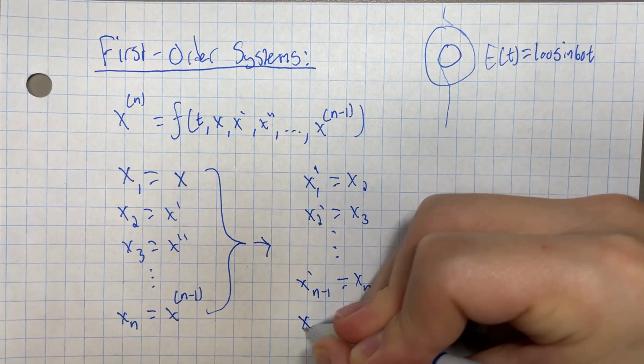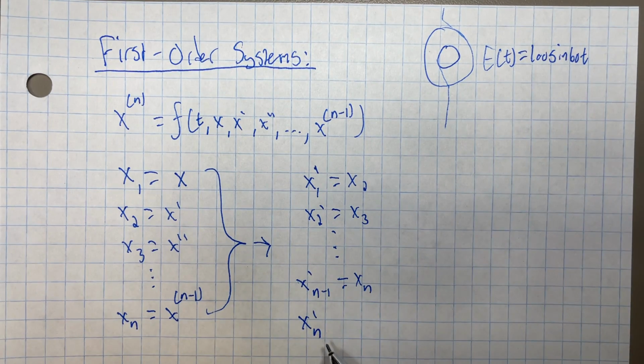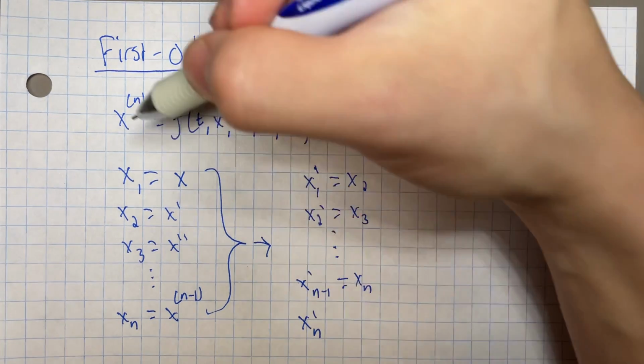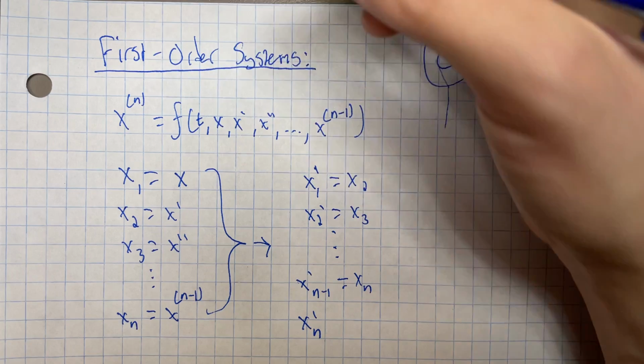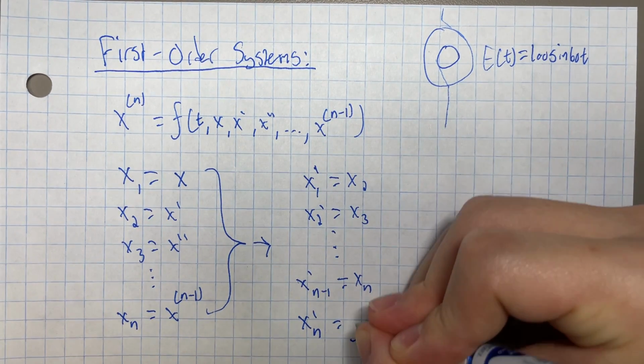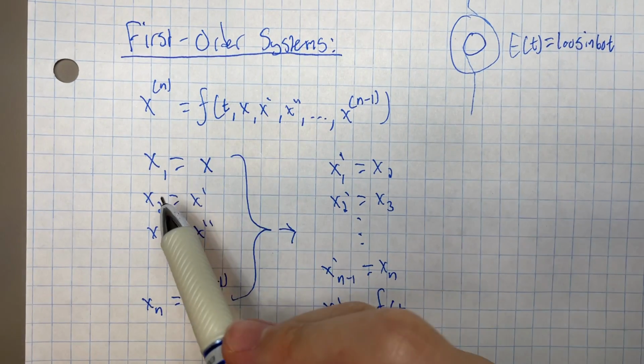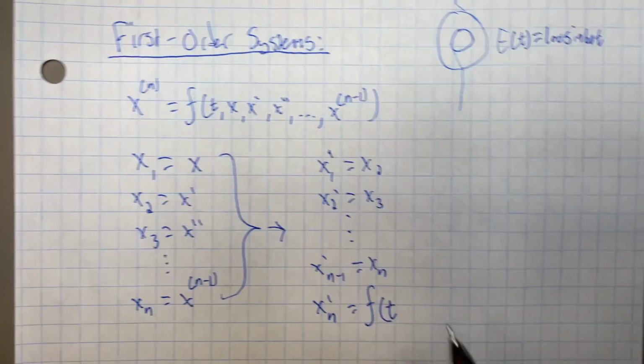And then this is the tricky part. X sub n prime is going to be equal to x differentiated n times up here, which is going to be equal to the entire function. And then pretty much what we're going to do is do all of these substitutions into this function.